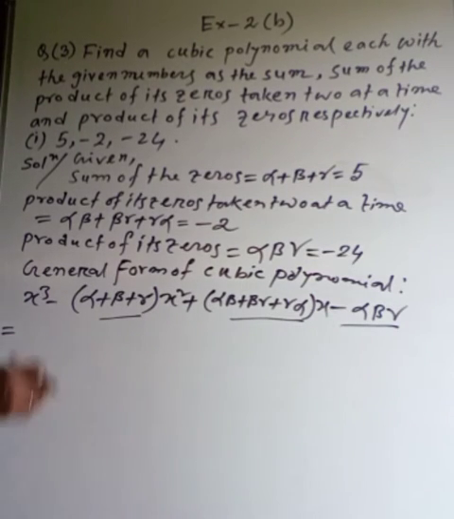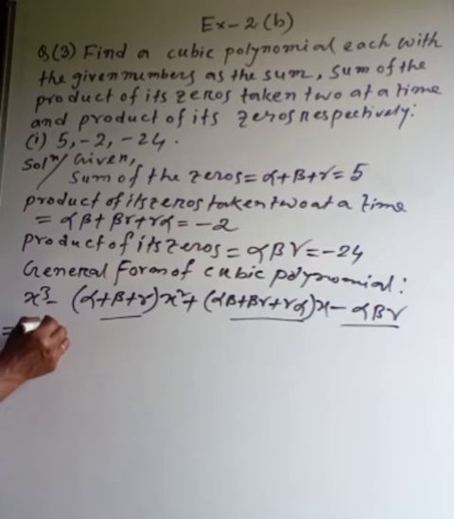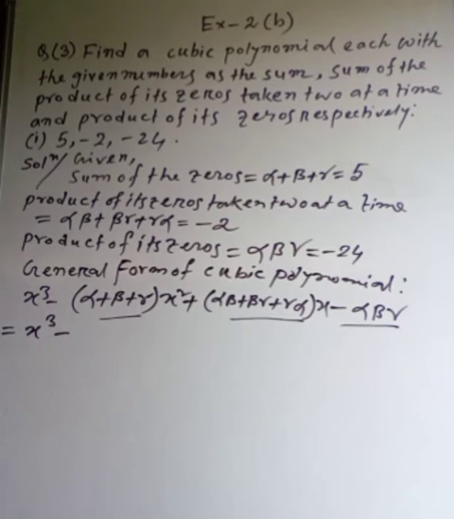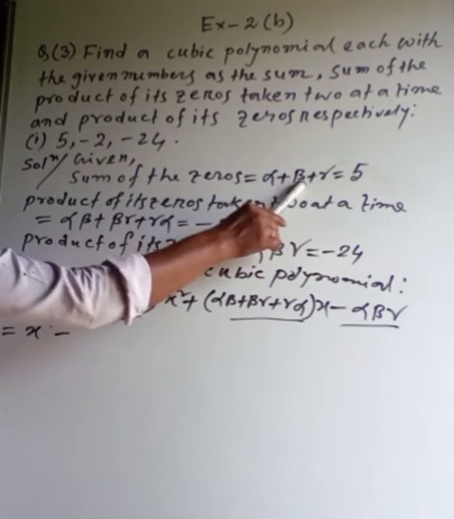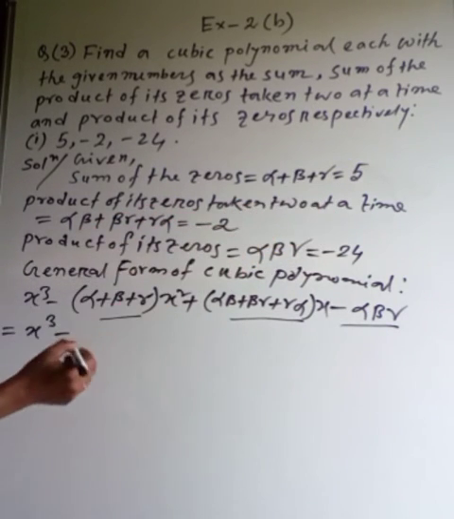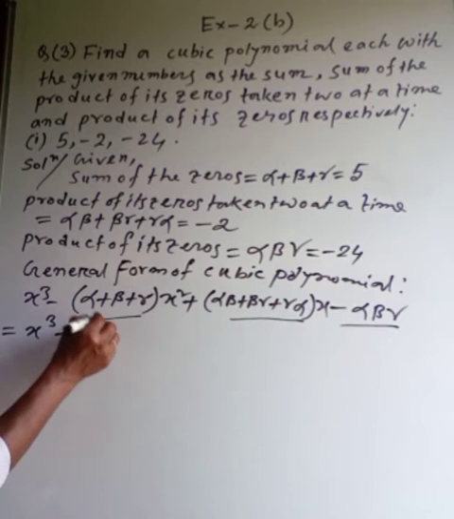First one is x cube minus alpha plus beta plus gamma. Alpha plus beta plus gamma equal to 5. So we can write here 5.